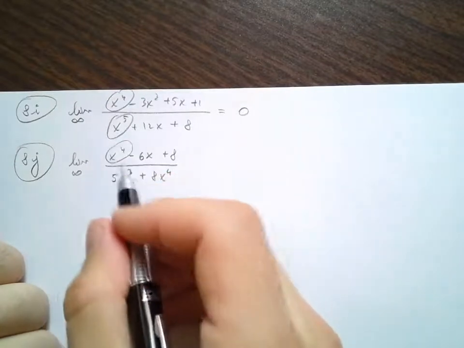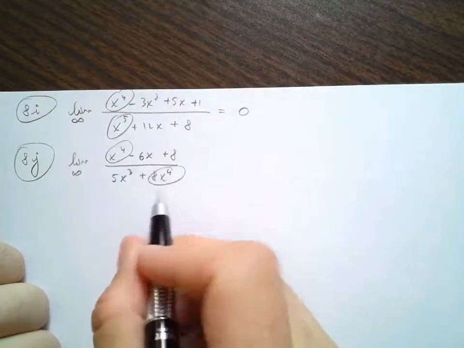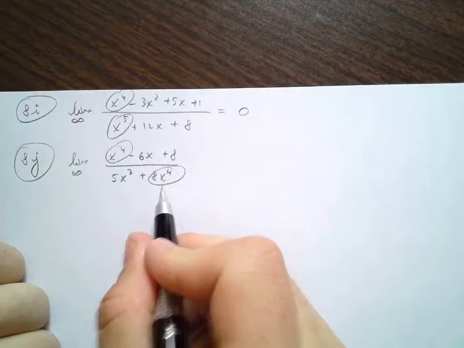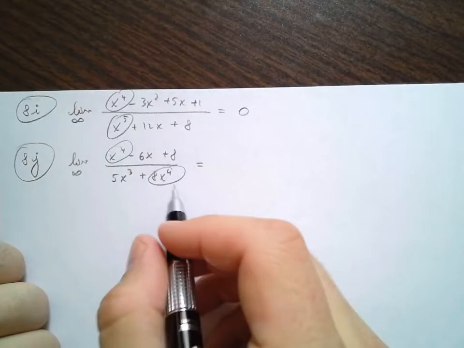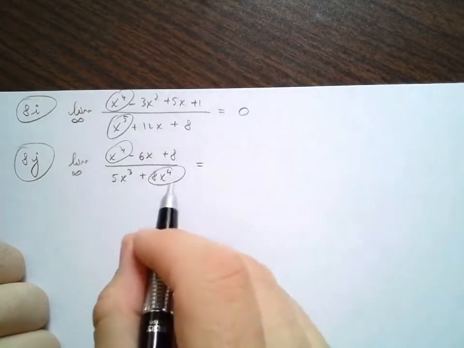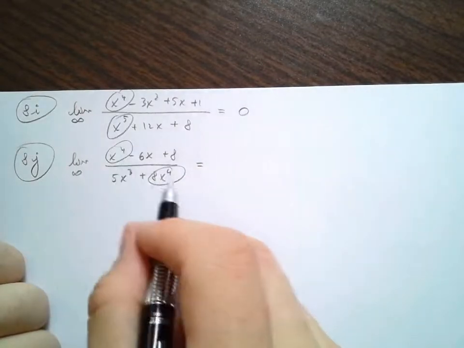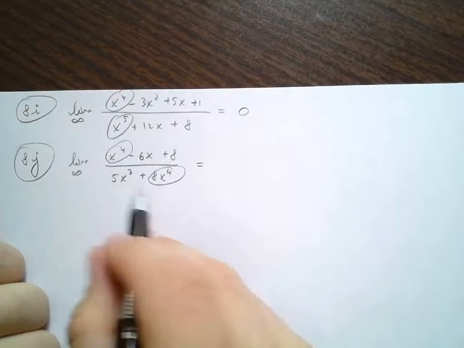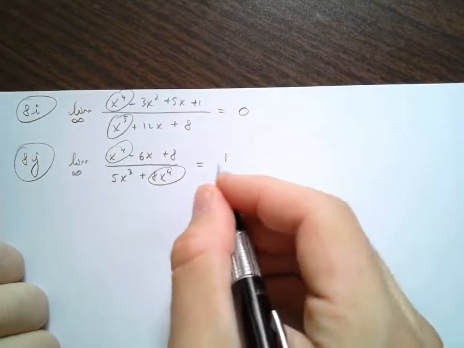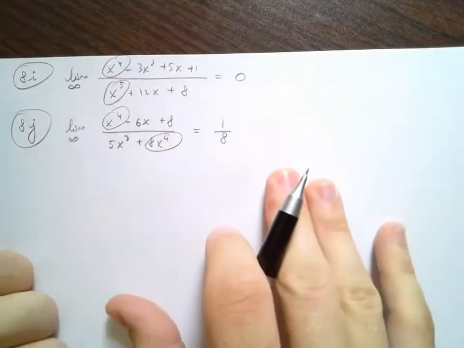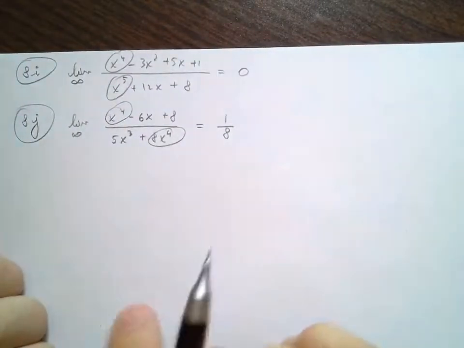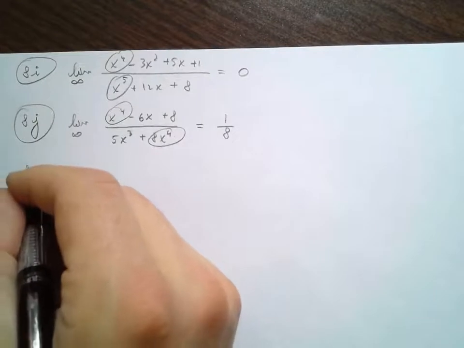The leading term on top is x to the 4th. The leading term on the bottom is the second term. They are written in reverse order, so it's not the x cubed. And notice the exponents match, so the limit at infinity is going to be just the ratio of lead coefficients, which is 1 here and 8 here. Let's do 8k.